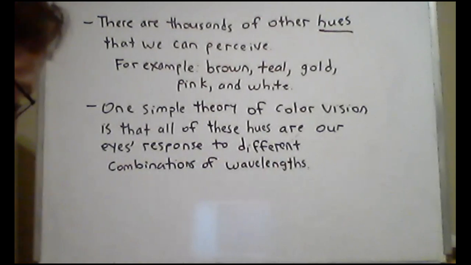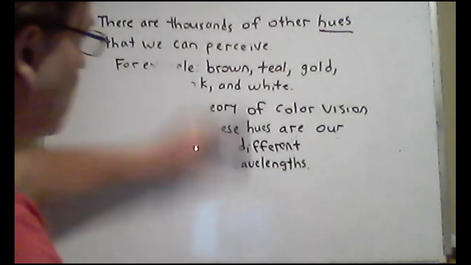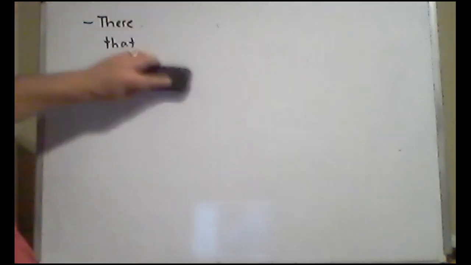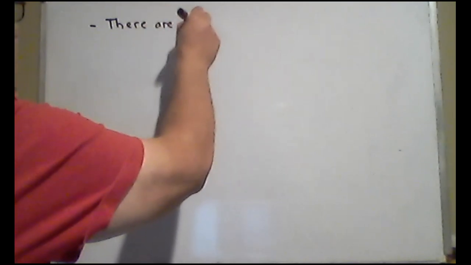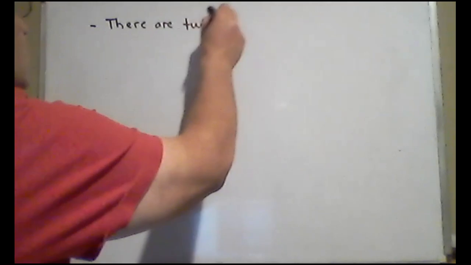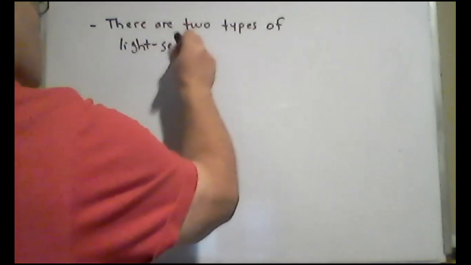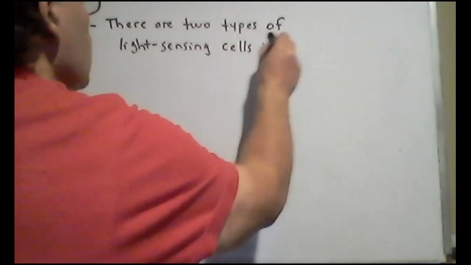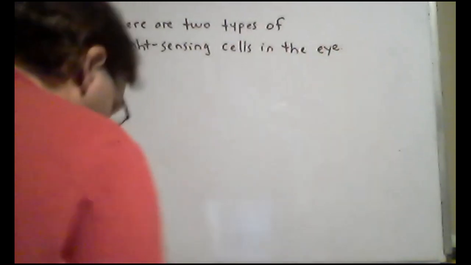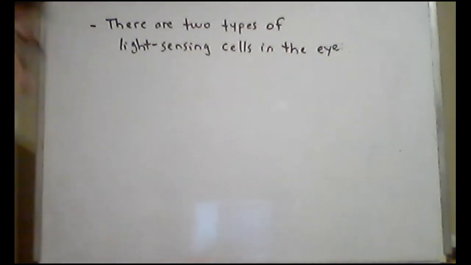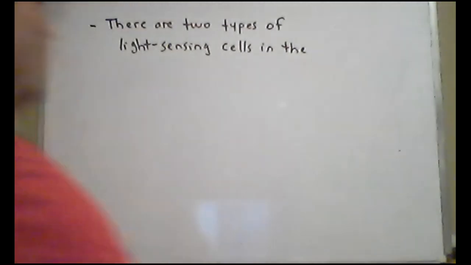So, going into the biology of the eye, there are two types of light sensing cells in the retina.